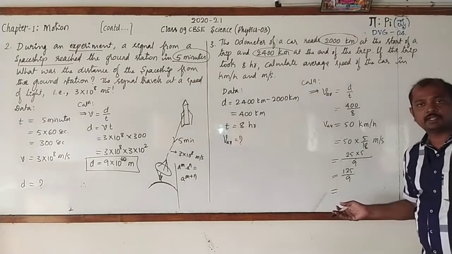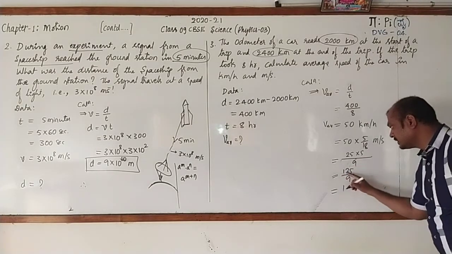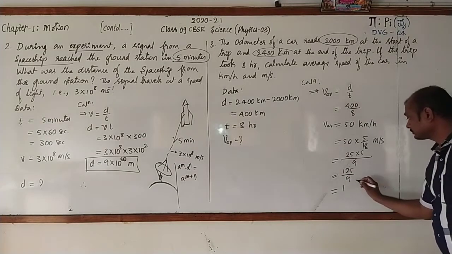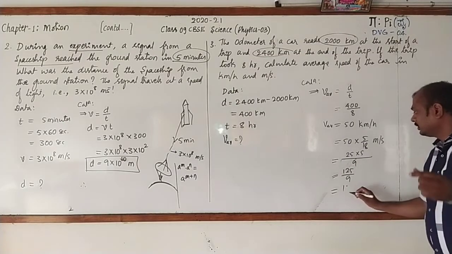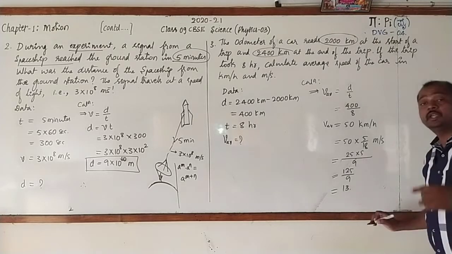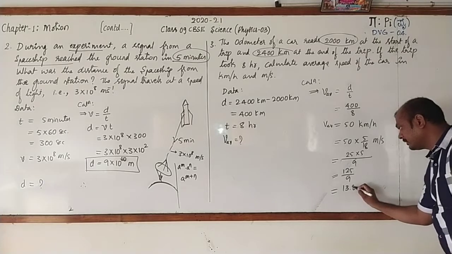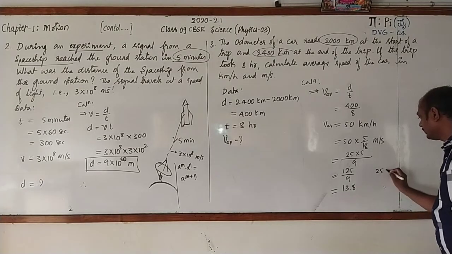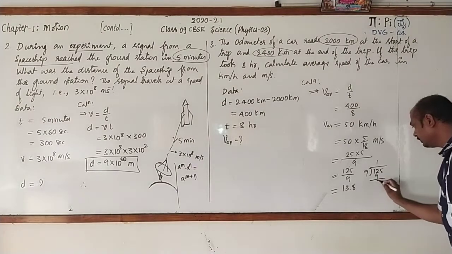If you want to express that in decimal form, you can go for dividing. 125 should be divided by 9. 9 ones are 9, you will get 3.